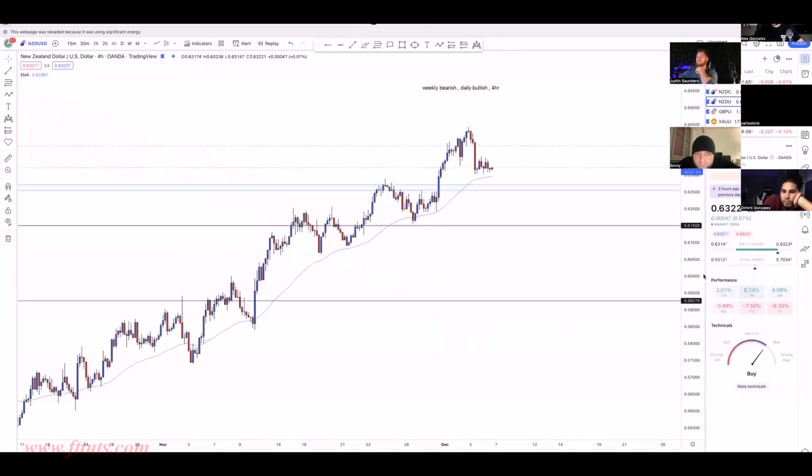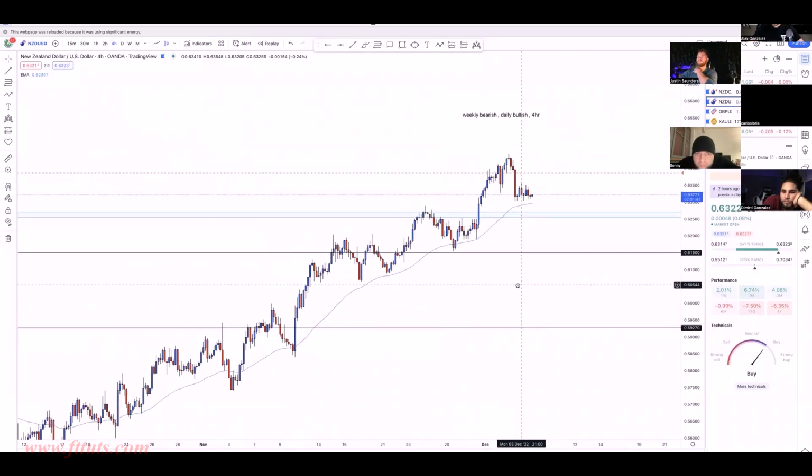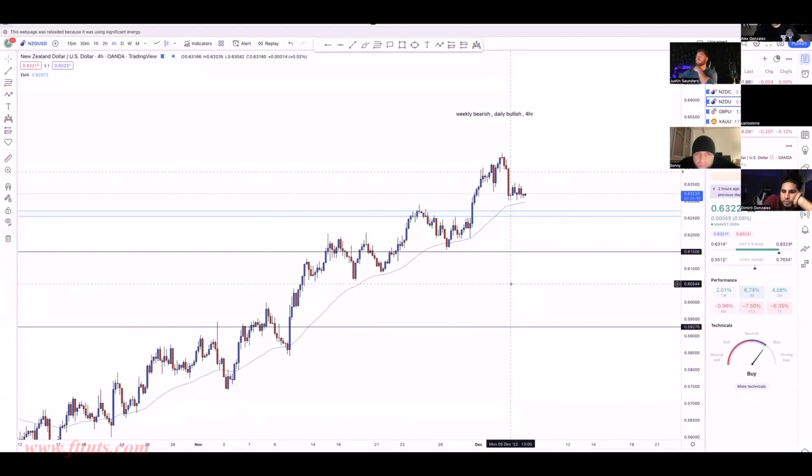All right, so this right here is technically bearish. Why is it bearish? Because let's say we start off from here. So it'd be our higher high, higher low, higher high, higher low, higher high, lower low structure.